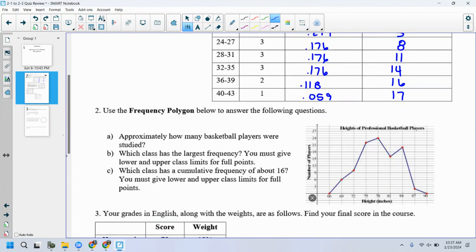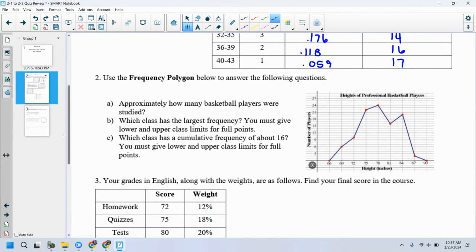All right, let's talk about the frequency polygon that we have. Remember, frequency polygon is showing you the midpoints. Approximately how many basketball players were studied? So I need to find cumulative frequency here, right? So that means there was 0 here, looks like 6 here, looks like 10 here, looks like 22 here, looks like 24 there, looks like 16 here, looks like 20 here.